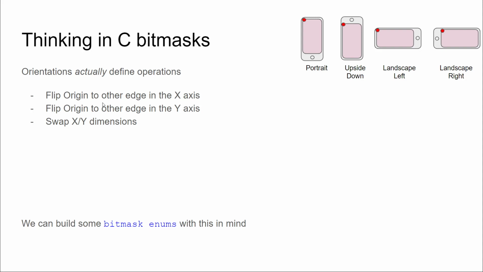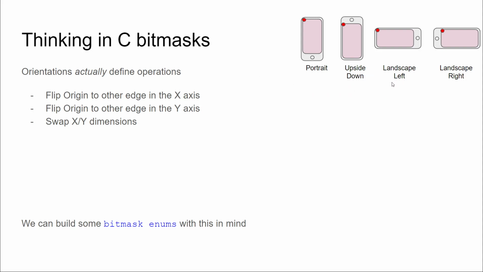So my mental engineering way of thinking about it is that these orientations actually define operations. The three operations that I have as a building block is the flip origin to the other edge of the x-axis, the flip origin to the other edge of the y-axis.